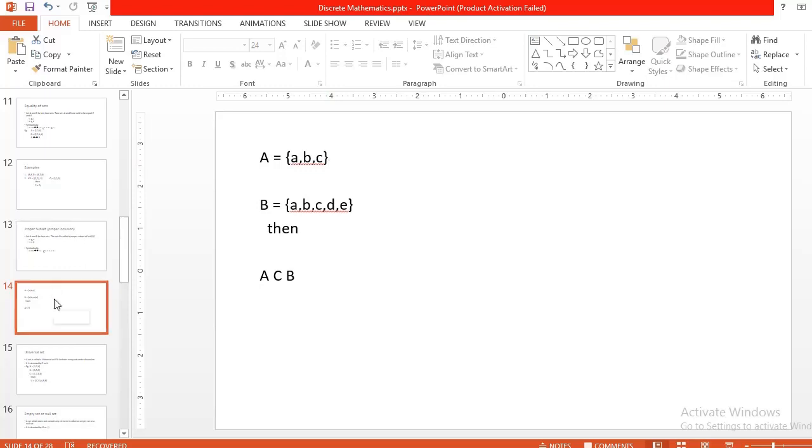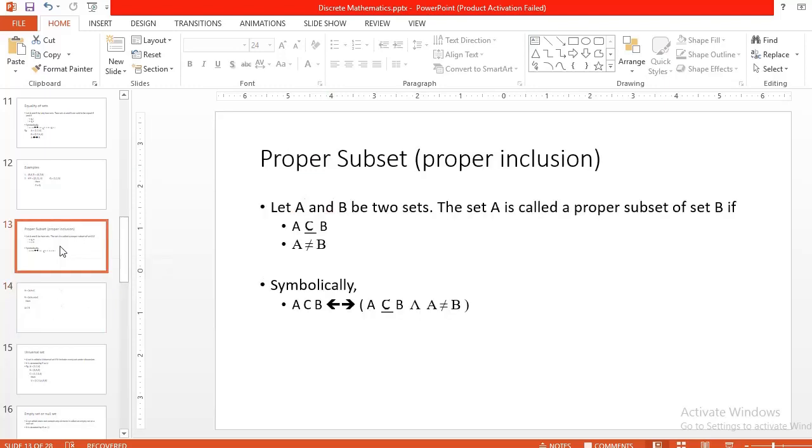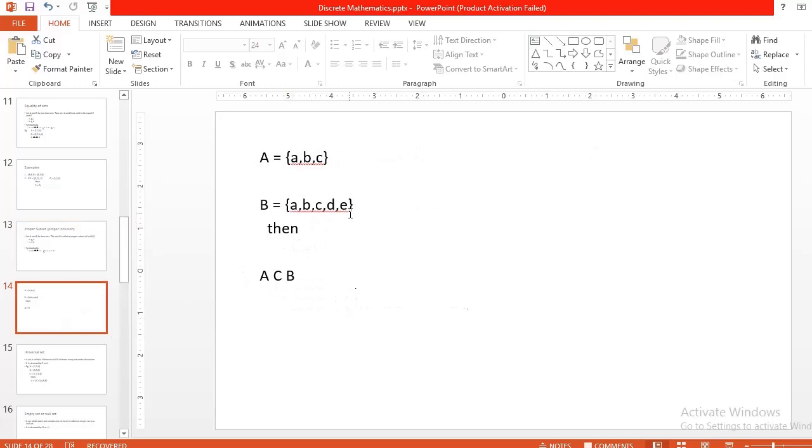Now check the conditions. The first condition, proper inclusion: A must be a subset of set B. A contains the element a, which is included in B; b is also included in B; and the element c of A is also included in B. So all the elements of set A are included in set B, and the first condition is satisfied: A is a subset of B.